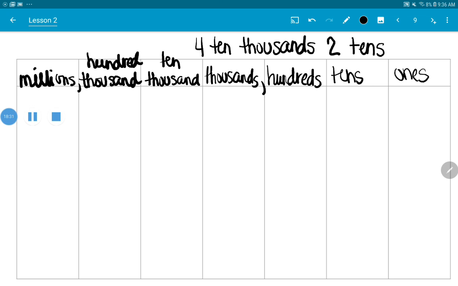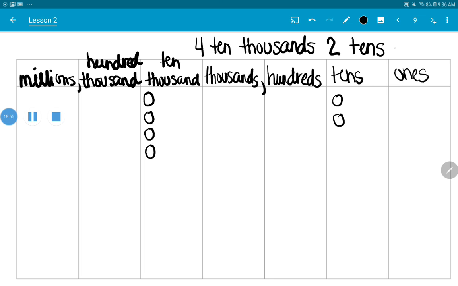So what does that look like? What do you have, Harper? 4 ten thousands and 2 tens. Very good. In my ten thousands place value, I should have 4. In the tens place value, I have 2.